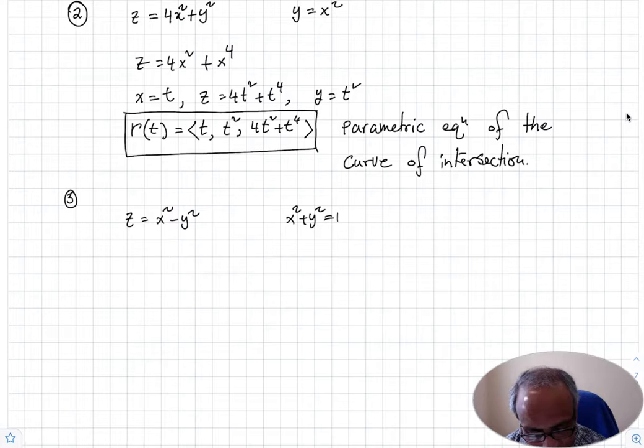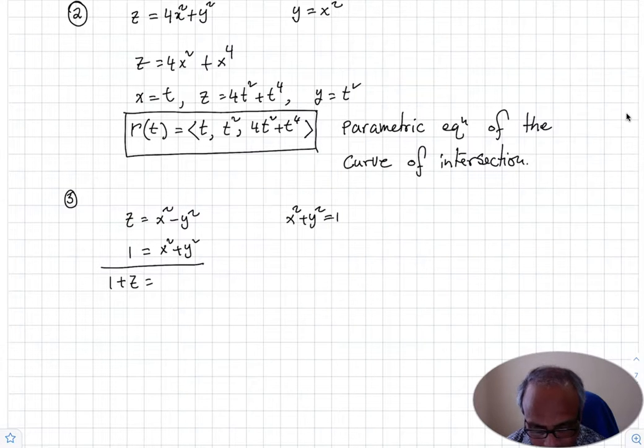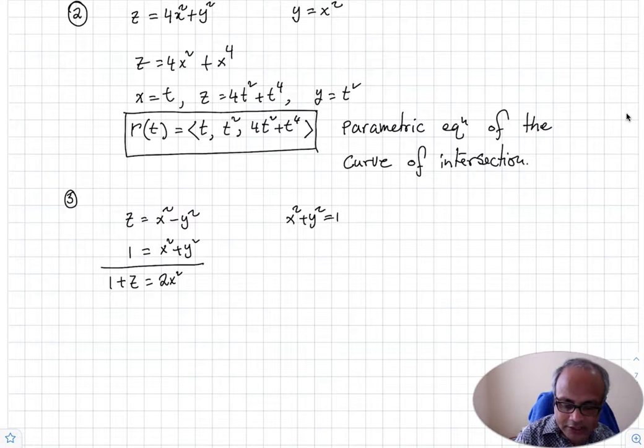So I can write here 1 equals x square plus y square, and then we can add them together. If I add them together, I get 1 plus z equals 2x square, or if I subtract, I will get 1 minus z equals 2y square, and so on.